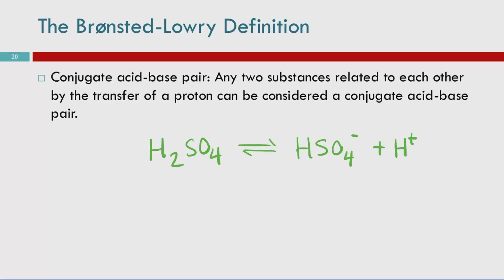So one of the acids that we saw on that table previously was sulfuric acid, H2SO4. That can lose one of these front hydrogens to become HSO4 minus, which could go back, probably wouldn't go back, but it could go back to H2SO4. So we could call those a conjugate acid-base pair.